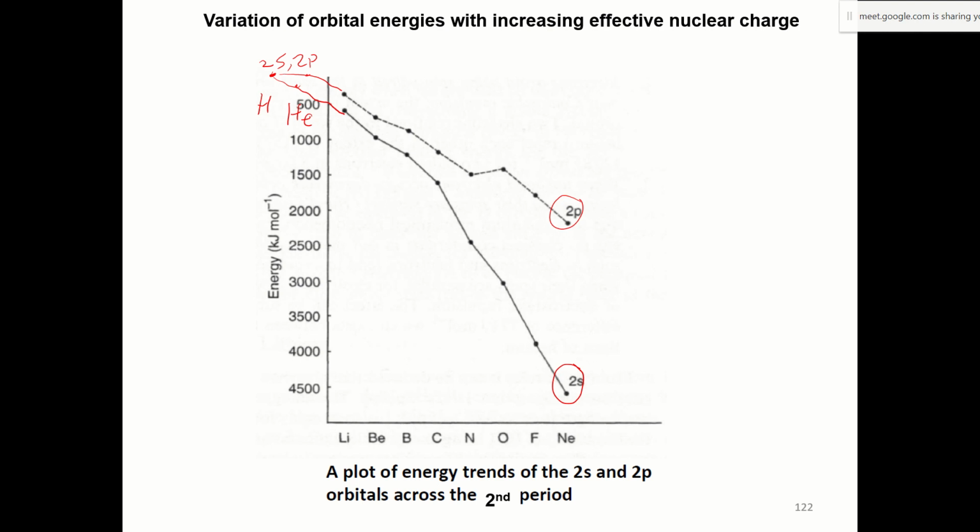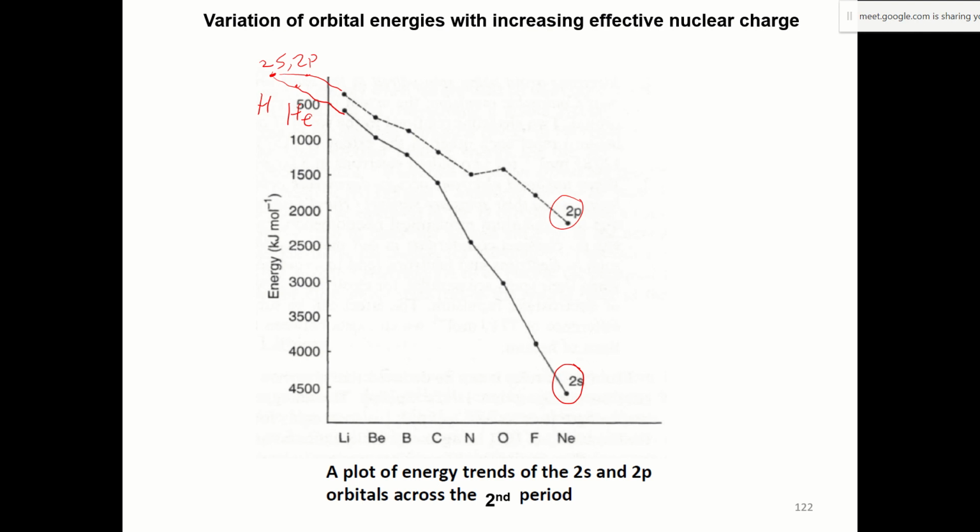First, you are increasing the number of protons at the center, so all the orbitals, which we are considering as one-electron wave functions, will be drawn inwards. So the energy decreases because of increased attraction from the increasing nuclear charge.